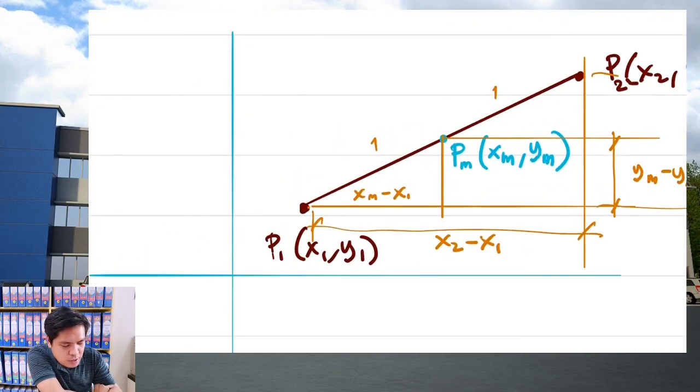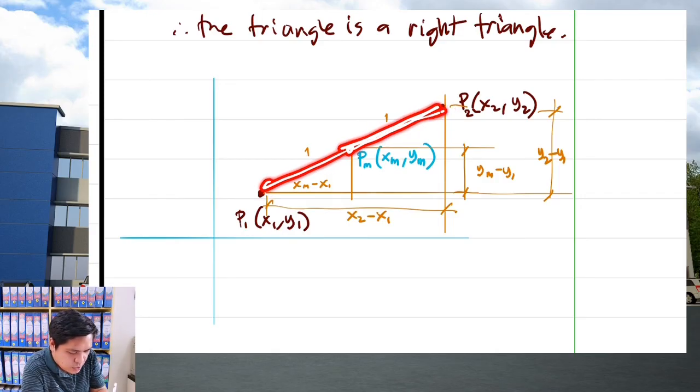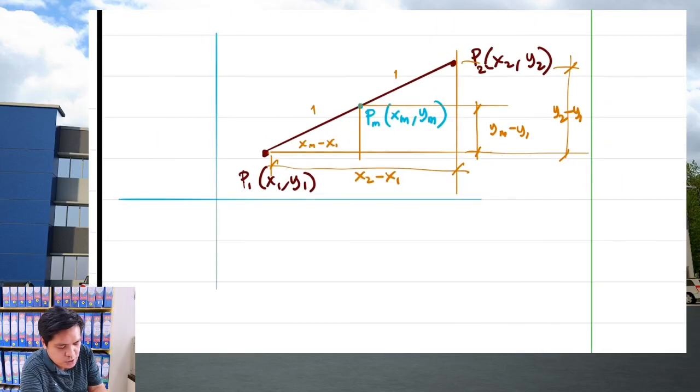Now, let's try to compare the small triangle to the larger triangle. So, ang titingnan natin is yung increment sa x and also this part. Remember, this is one part and this is two parts. Diba? Kasi yung midpoint, divide sa kanila into two equal parts. Okay.